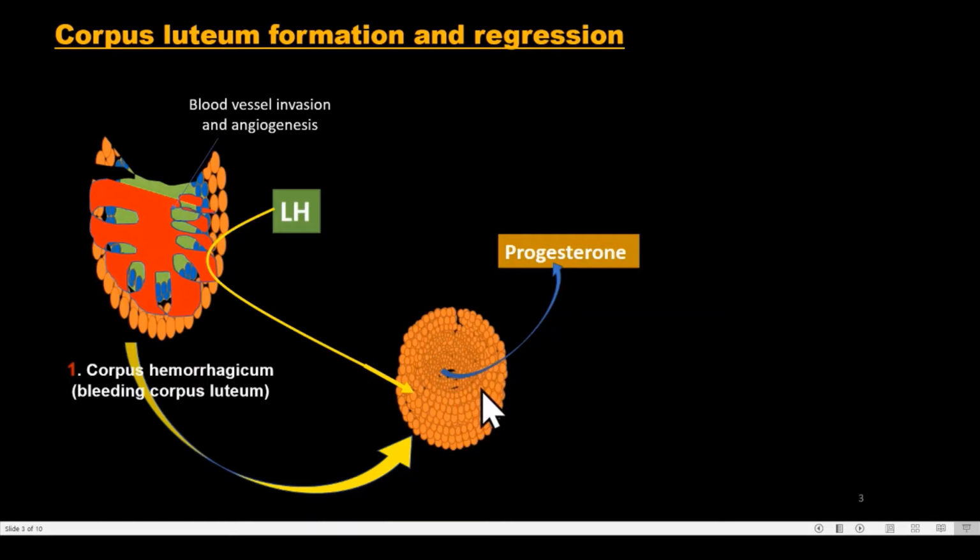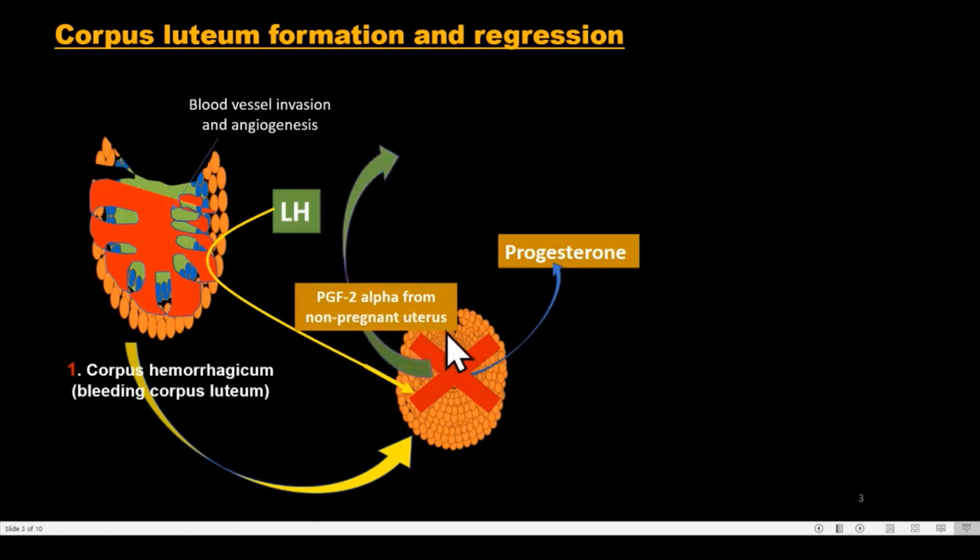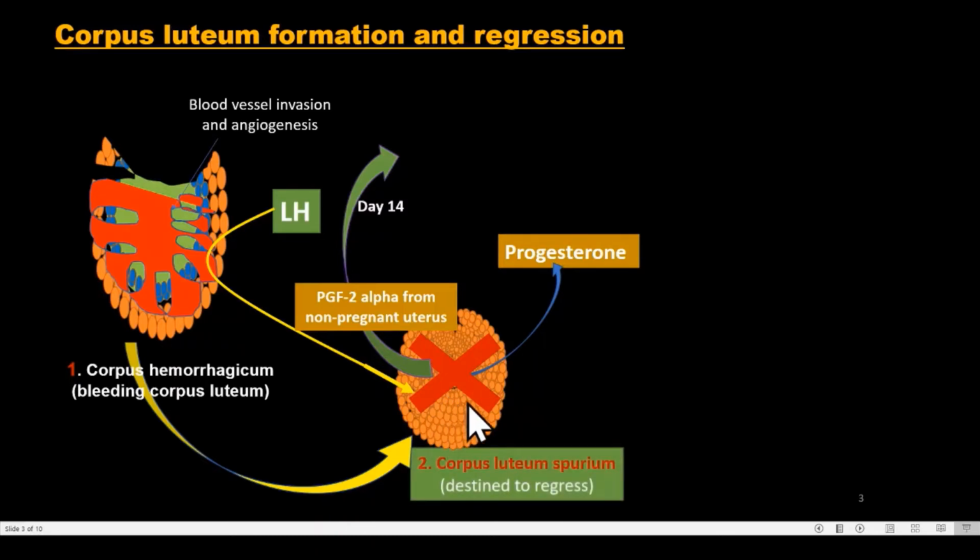If the animal is not pregnant, then this corpus luteum degenerates by the action of PGF2 alpha from the non-pregnant uterus, and it will regress on day 14 in most domestic animals. The corpus luteum of a non-pregnant animal, which is destined to regress, is called corpus luteum spurium.